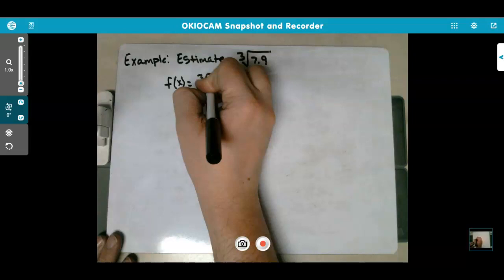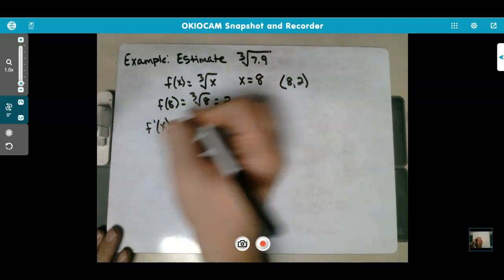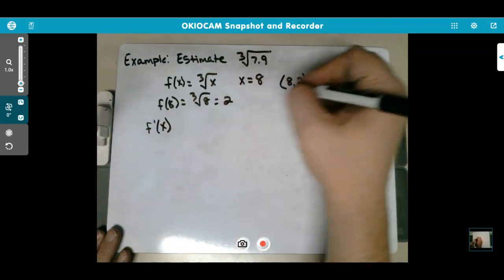Now I need my slope, so I need f prime of x. Cube root of x is like saying x to the 1/3. So when I take the derivative of that, excuse me, sorry about that random noise. When I find the derivative of that, bring our 1/3 down. x to the power of minus 1 gives you negative 2/3.